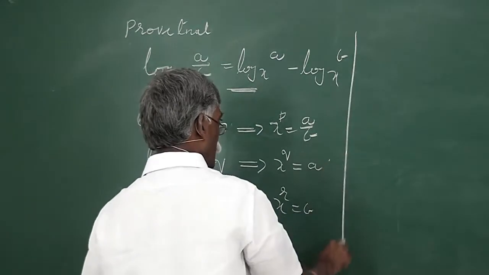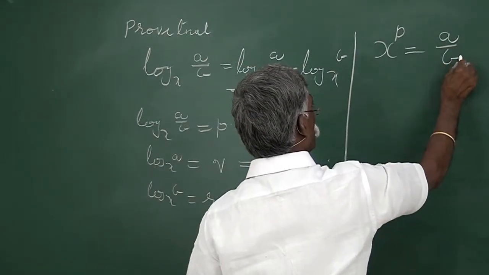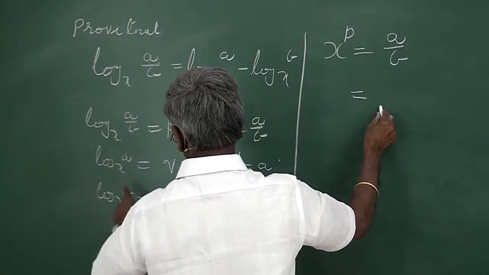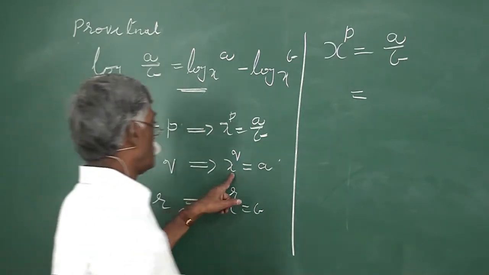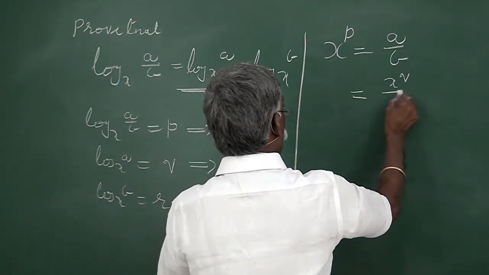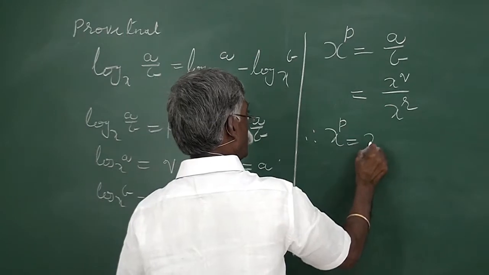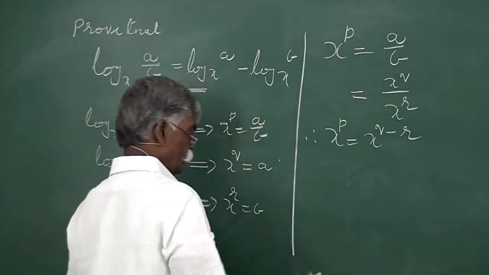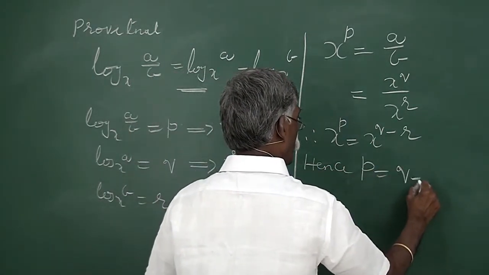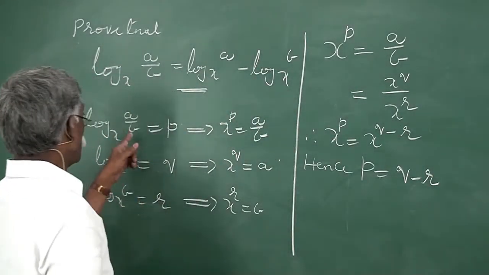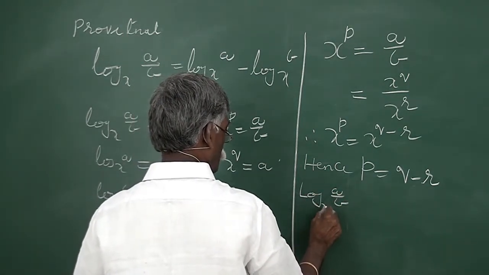Now, let us take the first result. This is x power P is equal to A by B. And the value of A is x power Q, by x power R. Therefore, x power P is equal to x power Q minus R, and hence P is equal to Q minus R, and P is nothing but log A by B to the base x.